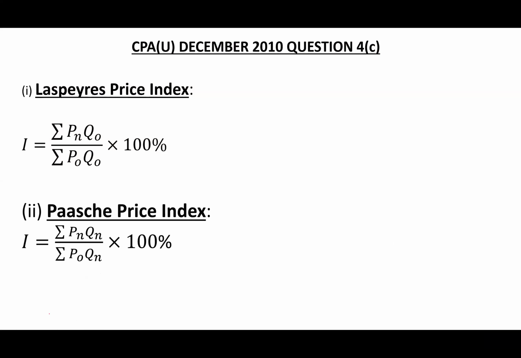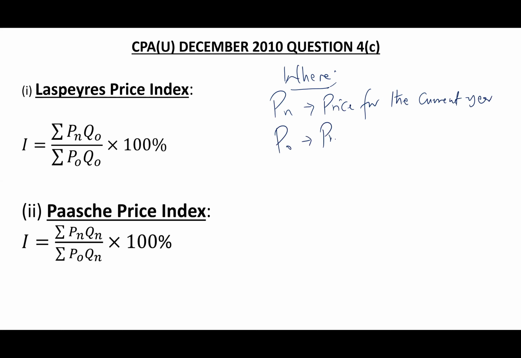Okay, so what are P_n, Q_0 and the rest? So you're going to say, where, now we start writing in our books, where P_n is the price for the current year, P_0 is the price for the base year.